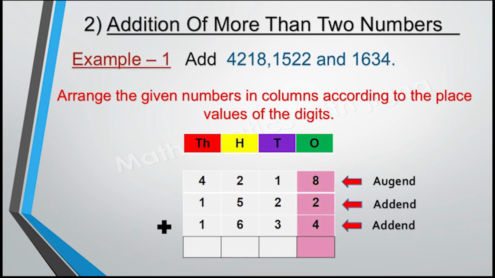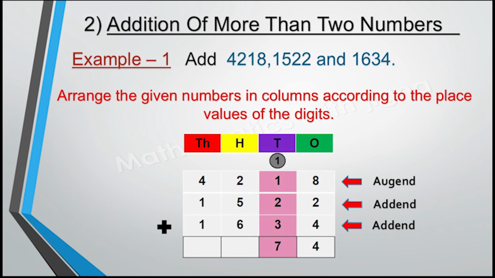8 ones, 2 ones and 4 ones together, which is equal to 14. So carry over 1 ten to the tens column and write 4 at the ones place. Now add the tens. 1, 2 tens and 3 tens and one more that we carried over. So we will get 7. So write 7 at the tens place.